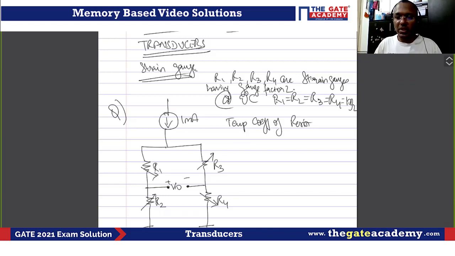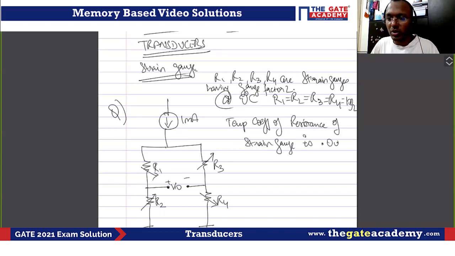At 0 degree centigrade, their resistance is 100 ohm. Temperature coefficient of resistance of strain gauge material is 0.005 per degree centigrade.